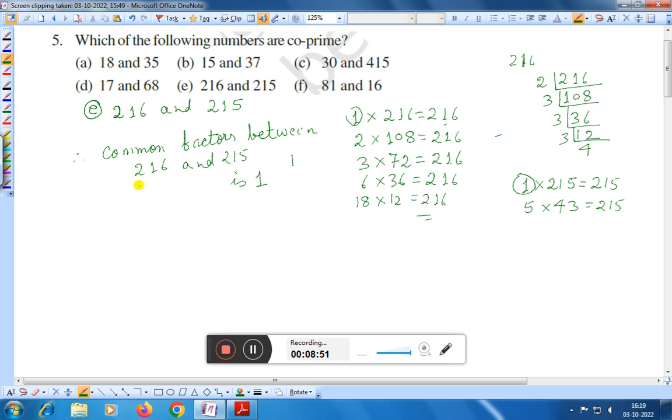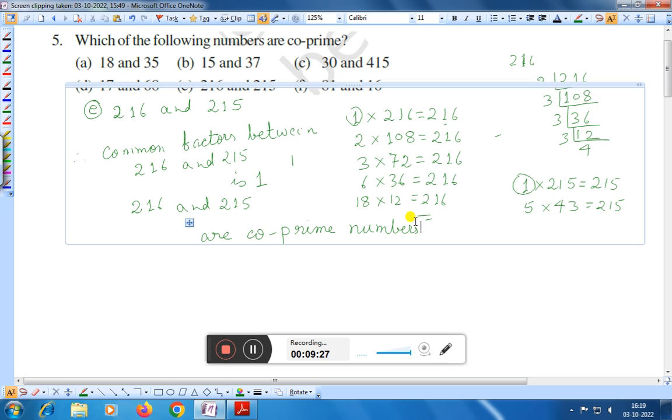Therefore, since the common factor between 216 and 215 is only 1, we can say that 216 and 215 are co-prime numbers.